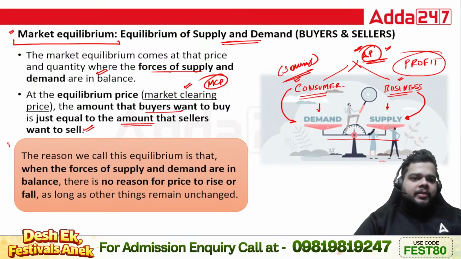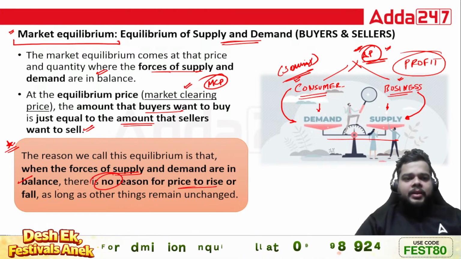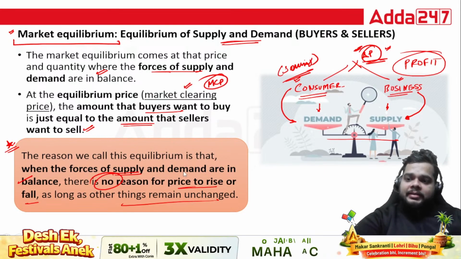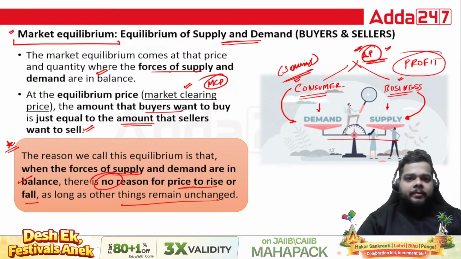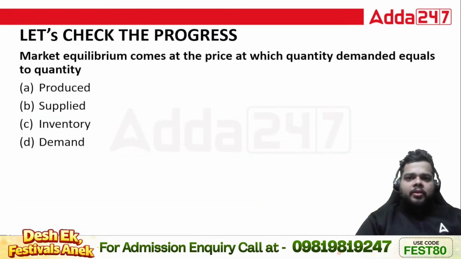And the reason we call it equilibrium is that when the forces of supply and demand are in balance, there is no reason whatsoever for the price to rise or fall as long as other things remain unchanged. Right? So there is no reason as such for the business firms or for that matter consumers to change their price or the demand. Okay, so this was it for today's class.